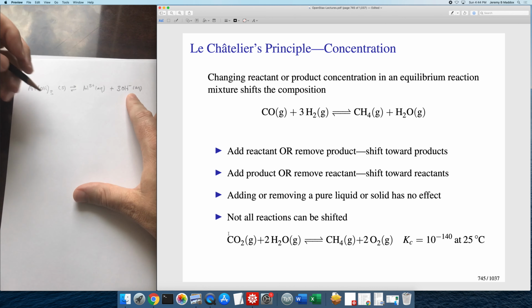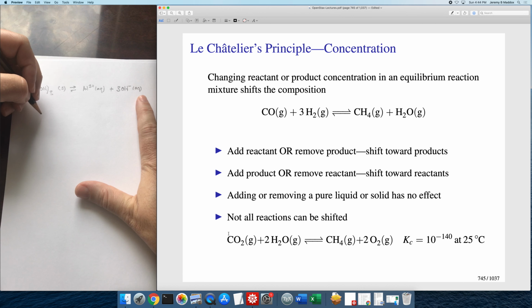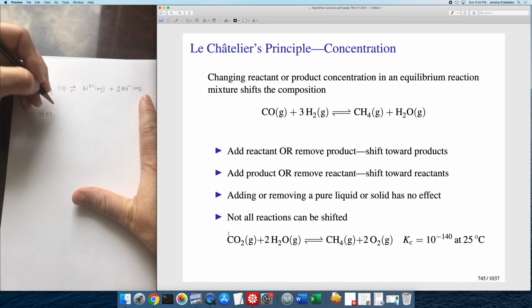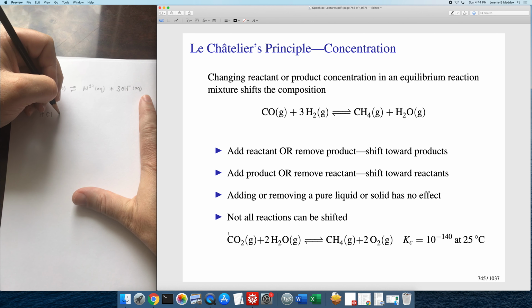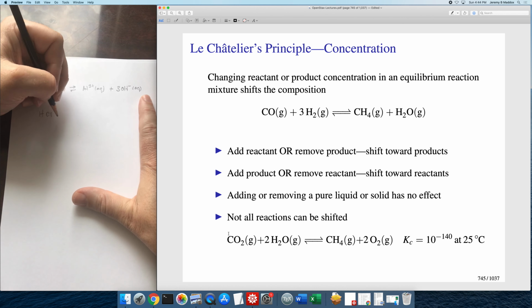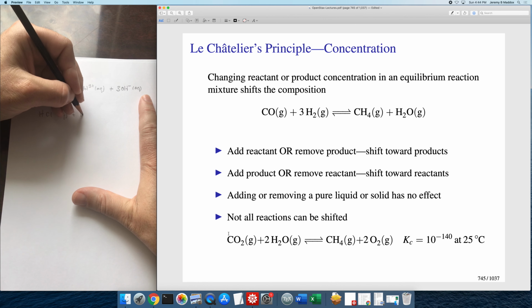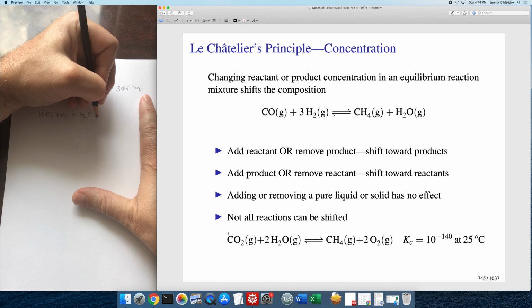So this is hydroxide, and you should hopefully remember from Chem 120 that if you add an acid, let's suppose that we're adding hydrochloric acid. When hydrochloric acid is in water, it forms hydronium ions.